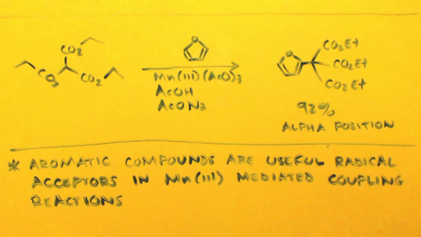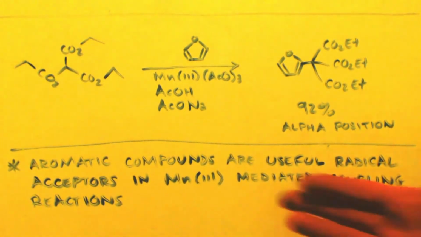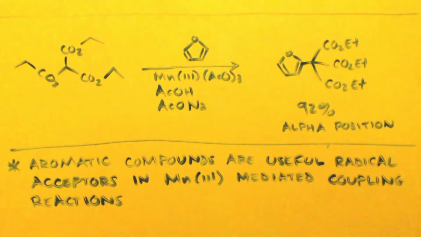Chlorine grabs the proton and makes the benzene into a radical, and then that radical grabs another chlorine, and now you have chlorobenzene. I can name 100 reactions where free radicals are attacking benzene. And like I said, aromatic compounds are useful in this Mn3 coupling reaction. Here's an example, 92% yield. So this is why I do believe that the reaction will work.